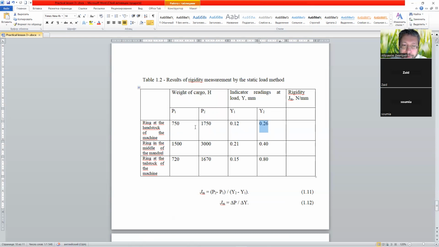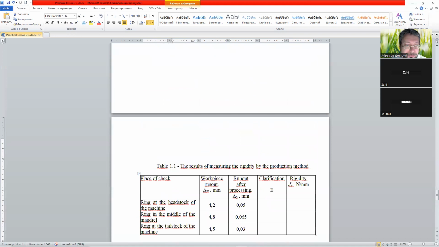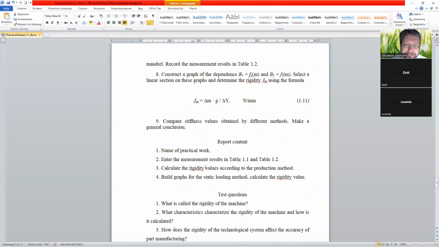You use 2 points to build a line for the first ring. When you build the first line, then you build the second line and the third line. In one graph, you will have 3 lines.